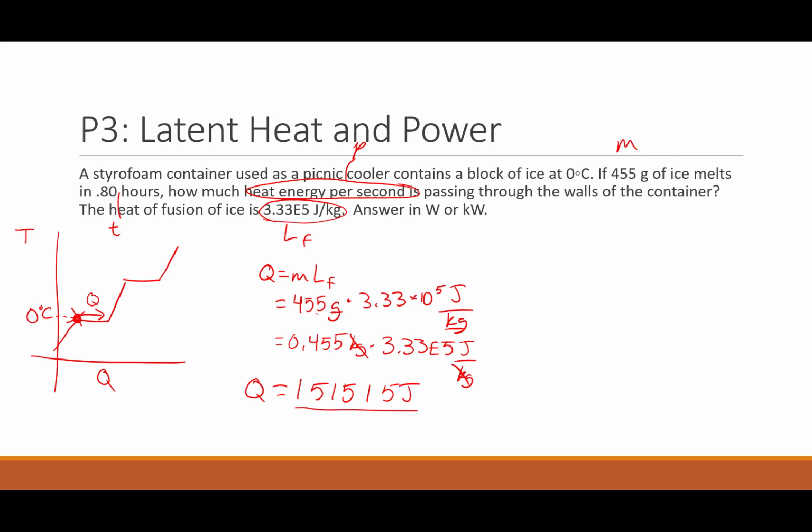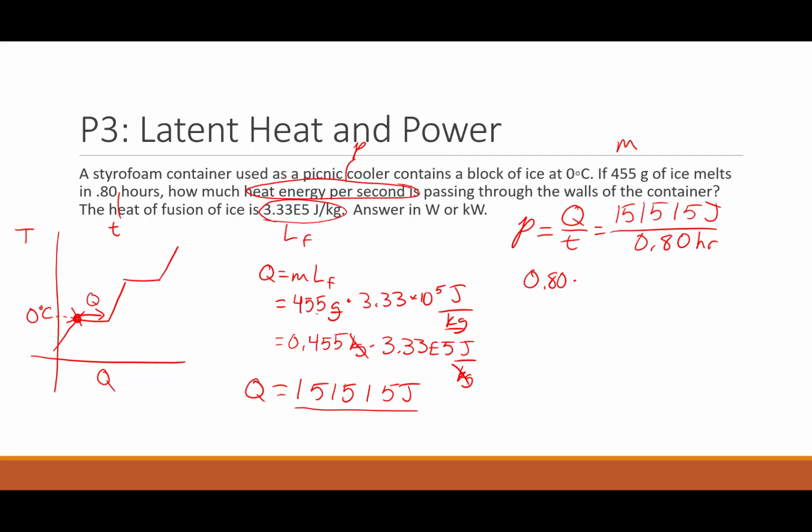It wants us to find the heat per second, so that's the power, and power is energy or work over time. Since it's heat per second, I'm going to do heat over time. The heat is 151515 joules, and the time is 0.80 hours, but I need to convert that to seconds in order to get it in units of watts. So I'm just going to do 0.80 hours.